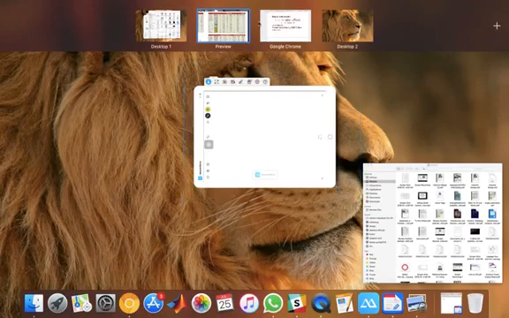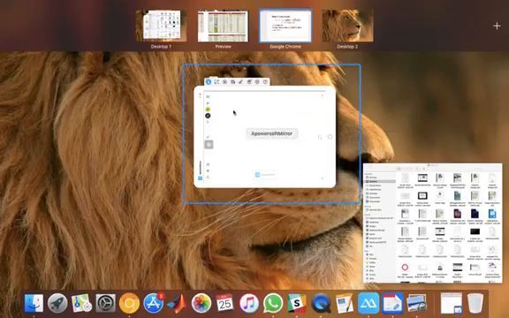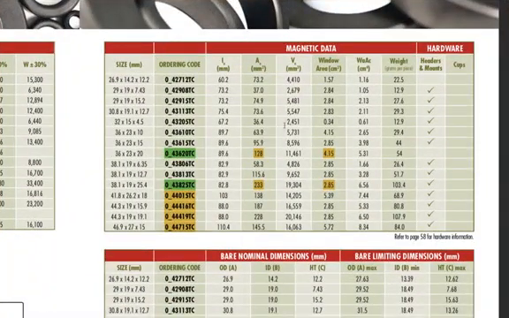Our requirement is an area product of around 3.4722 centimeter power 4. So you can find the product of the cores and select your required AP product. These are the two cores which I have highlighted here. You can see the area product of both is higher than that, and the cores lower from here also have an area product higher than the required one.